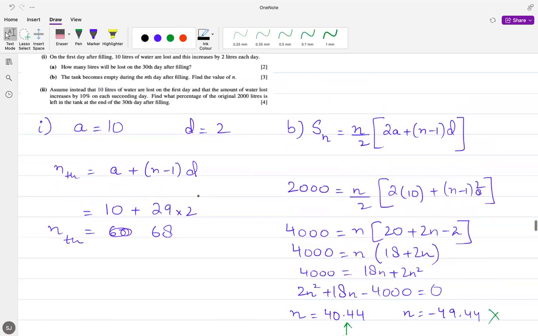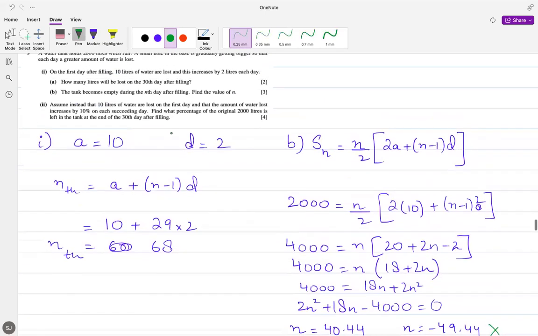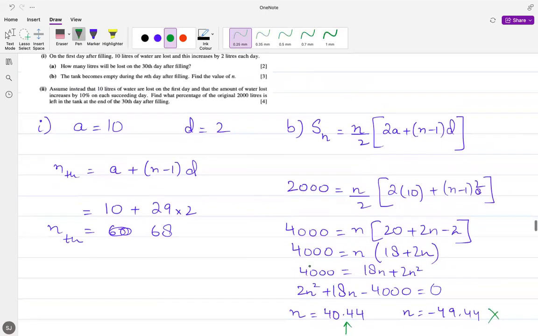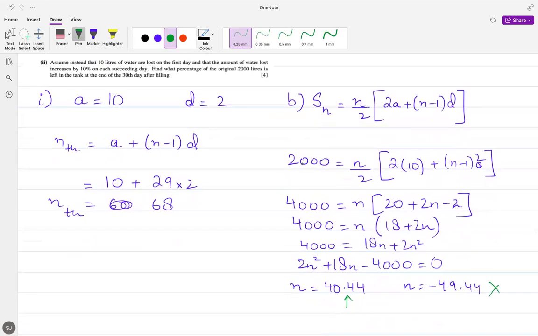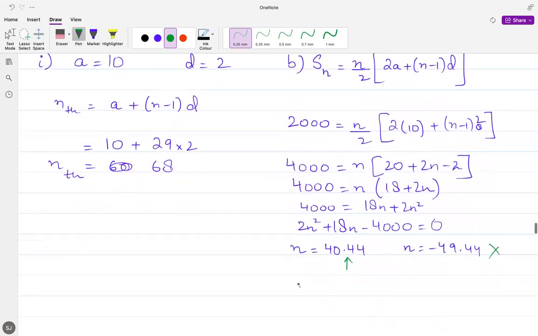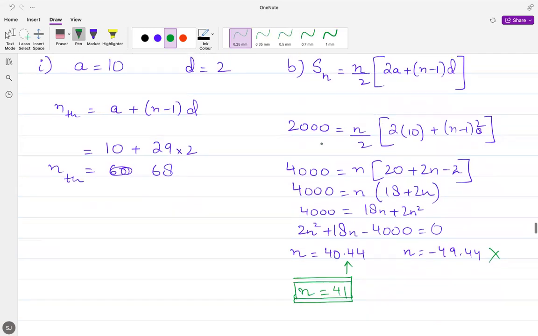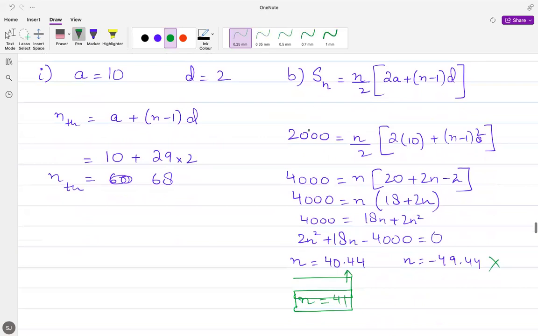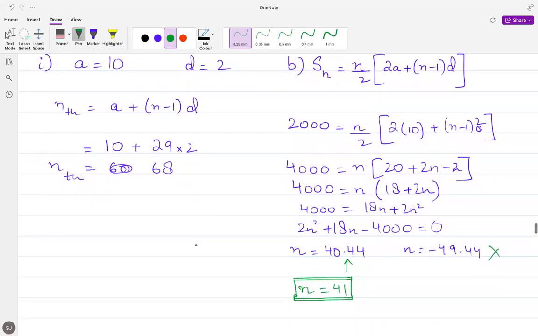Now at 40.44, the total sum was 2000. So we'll be taking n as 41, as on the 41st day it will become completely empty. We won't be able to take 40 as our answer, as if we take n equals 40, we will see that the sum will be less than 2000.